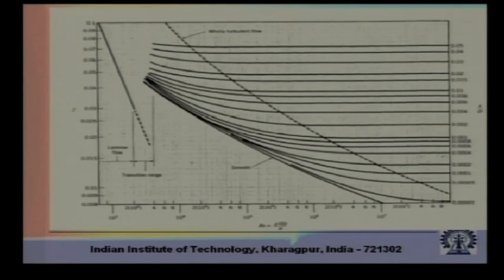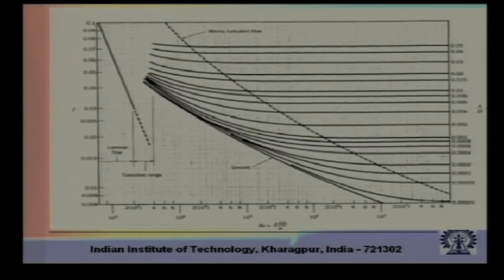So if you look into this chart, let us try to understand it a bit carefully. First of all, on the horizontal scale you have the Reynolds number, rho u average, which here is written as V into D by mu.